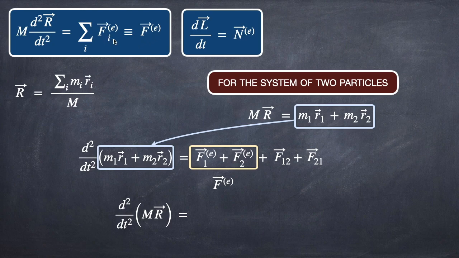Our system is known to obey this equation here, so this is a definition. The total external force is equal to the summation of the individual external forces. So the first term of the right-hand side is the total external force, and we are going to write these two internal forces here.